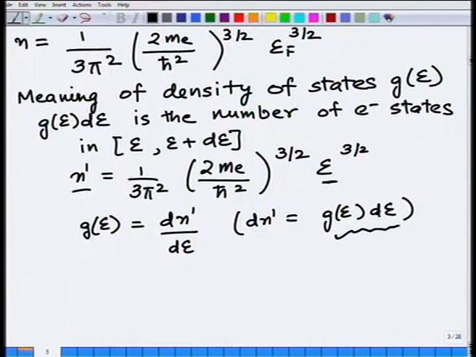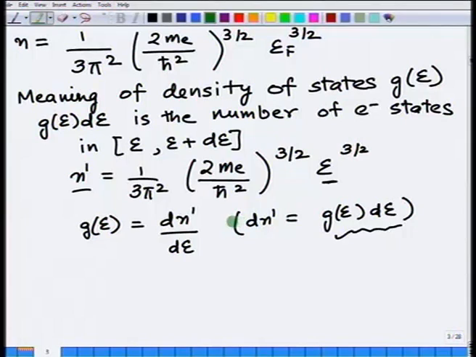Read the definition here: this is the number of electron states in the energy interval dE. So, as I explained, n prime electrons are filling up to energy E, and if I go slightly higher in energy by dE, then the increase in the number of electrons is dn prime. So, we are basically trying to calculate dn prime by dE for the density of states.